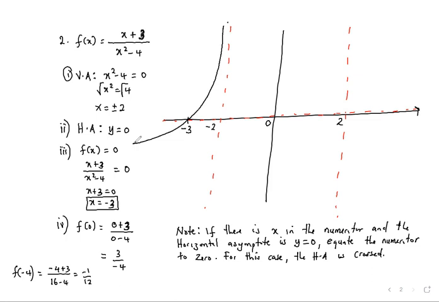And then we have found what? We found the y-intercept, which would be minus 3 over 4. So minus 3 over 4. Okay.